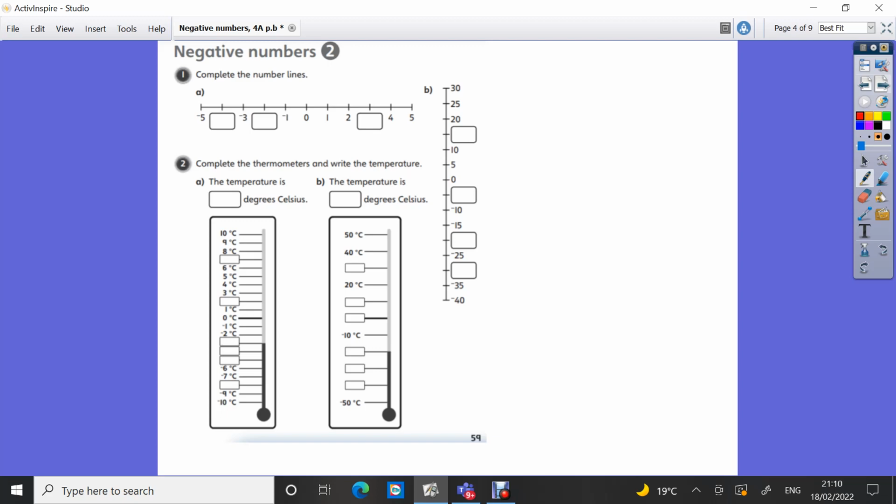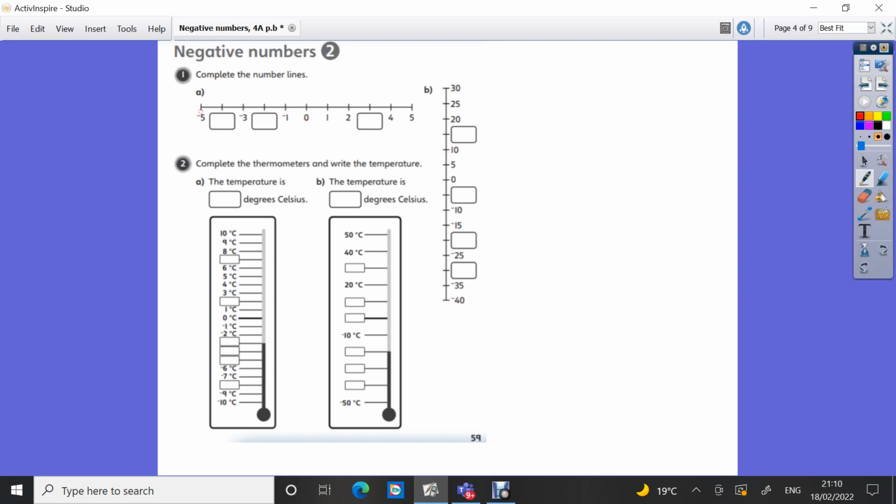Okay, now we'll start the practice book, page number 59. This is the second lesson of negative numbers. Power Math book 4A, practice book 4A, page number 59. We need to know the negative numbers. So complete the number line. It's very easy if you know the counting beyond 0.